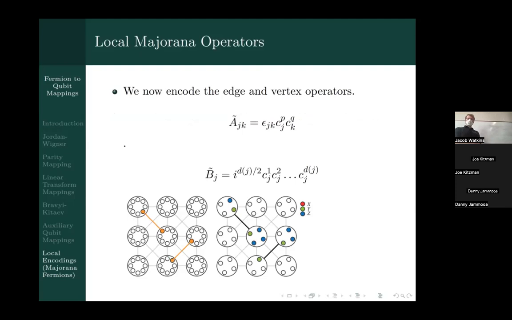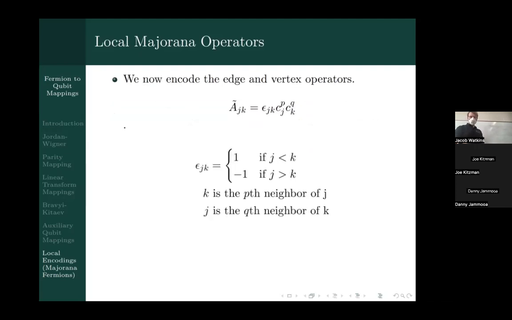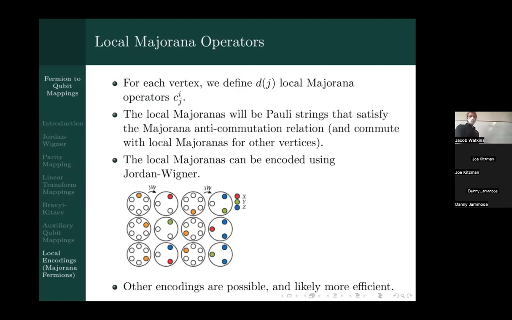Yeah, I'll go back again. It's just how it was encoded. I guess because of using the X and Y on each qubit with anticommutation, you can assign 2 local Majoranas to each qubit.